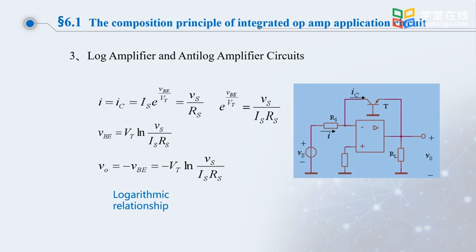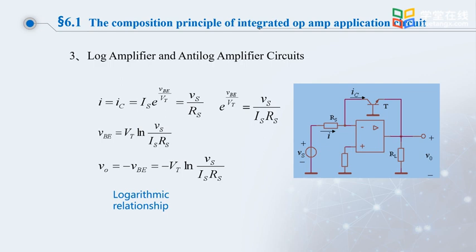For the transistor T, the relationship between its collector current and its VBE voltage is IC equals Is multiplied by e to the power of VBE over VT. The collector current and the voltage across the emitter junction satisfy such an exponential relationship. Then IC is equal to I. What is I equal to? Because the inverting input can be seen as a virtual ground, I is equal to Vs over Rs. That is, Is multiplied by e to the power of VBE over VT is equal to Vs over Rs.